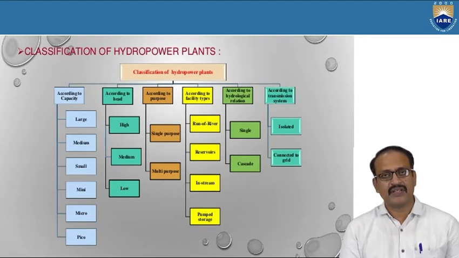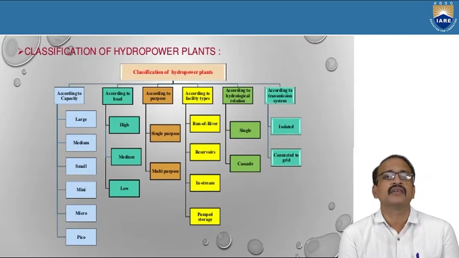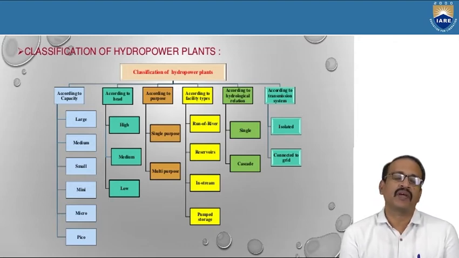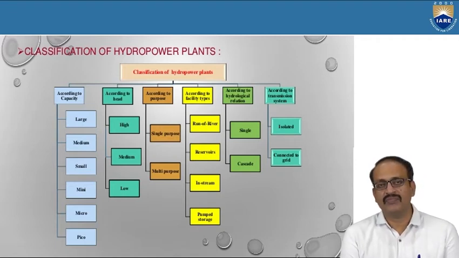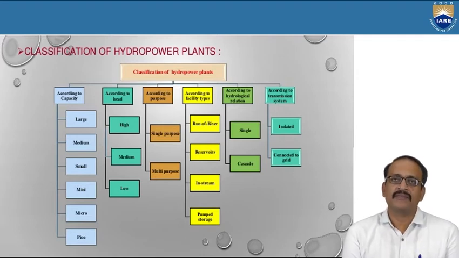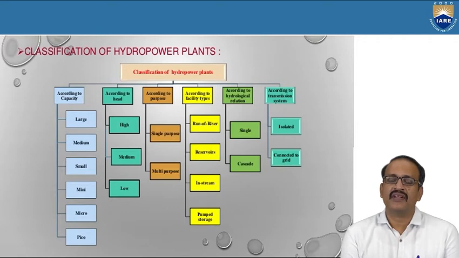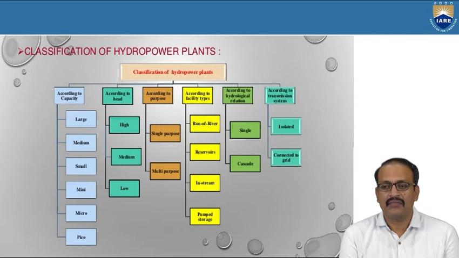We are having different constraints: producing the power, storing the water, supplying for the agricultural land, and providing tourism and aquaculture, all these things. So based on different criteria, we can divide or classify the dam.